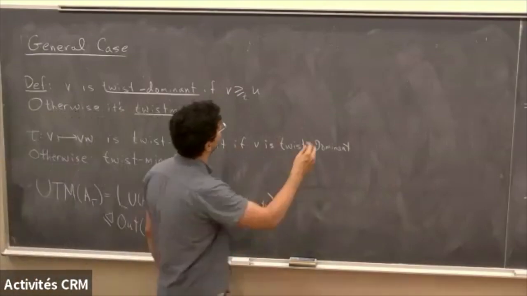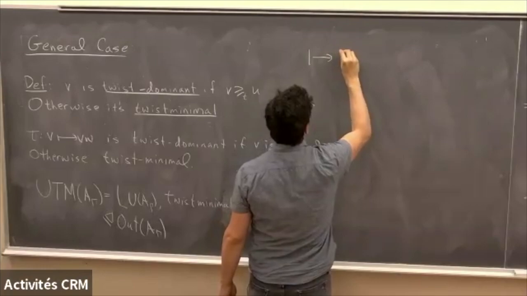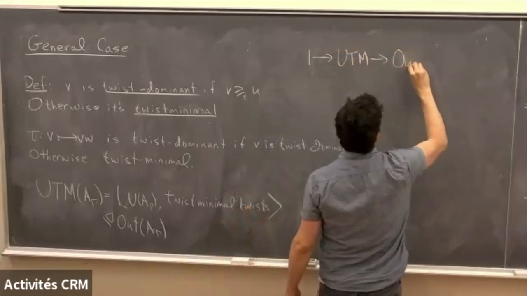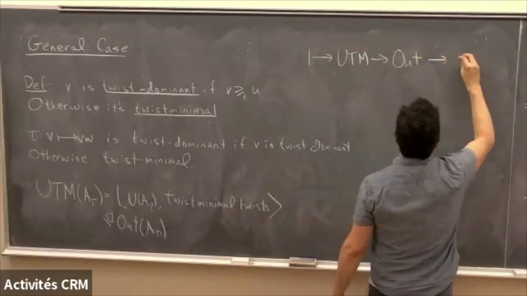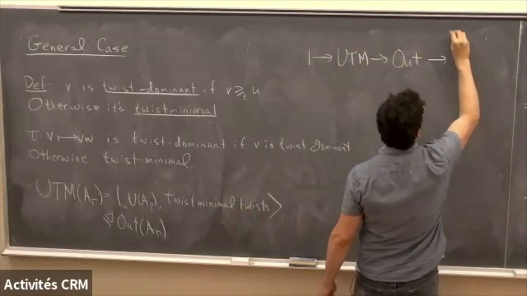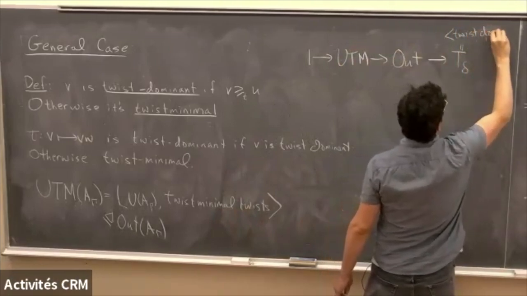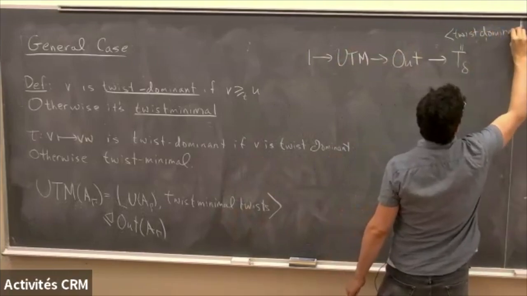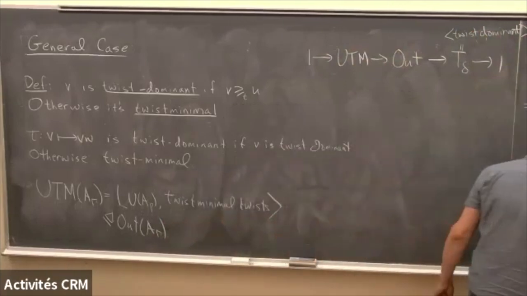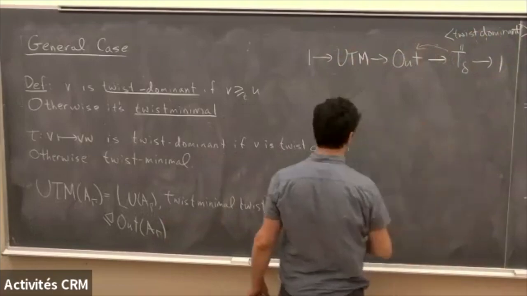Okay, and essentially you have, let's see, so UTM, you have a map to Out, and then the quotient is essentially what I'll call T delta, and these are the twist dominant twists. It's not quite true, but there's a way to arrange so that's true. And moreover, this splits. So these twist dominant twists sit back inside of Out, so this thing splits.